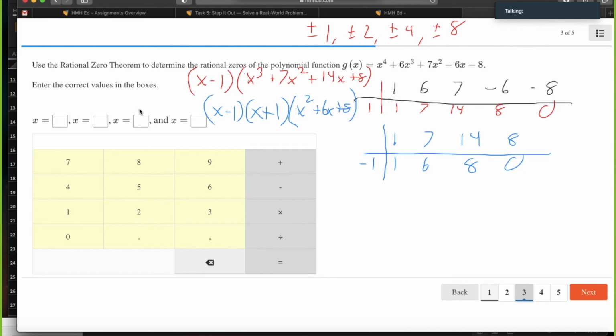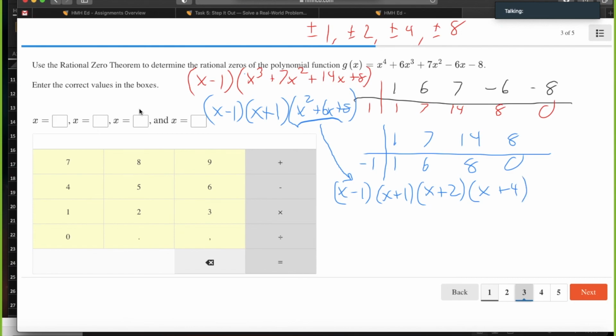So if we look at this guy right here, that's probably going to be factorable. So 2 times 4 is 8. Add those together, you get 6. So we're going to bring this whole thing down here. So we have x minus 1, x plus 1, x plus 2, x plus 4.